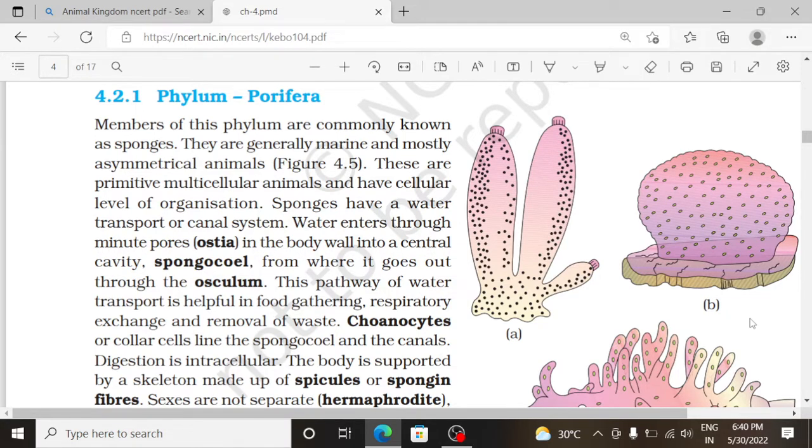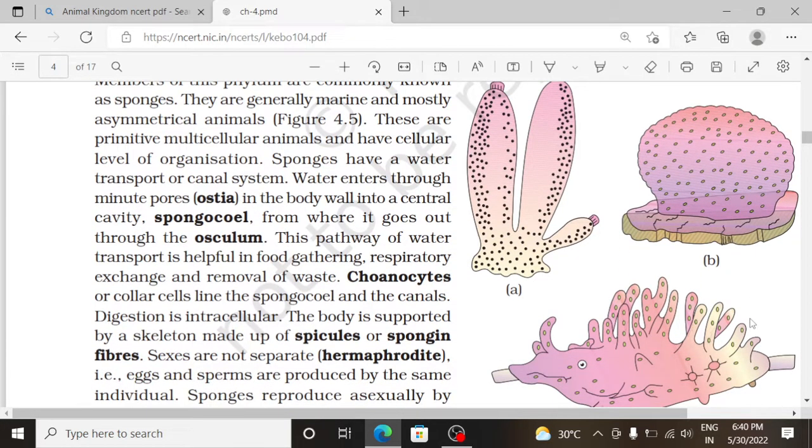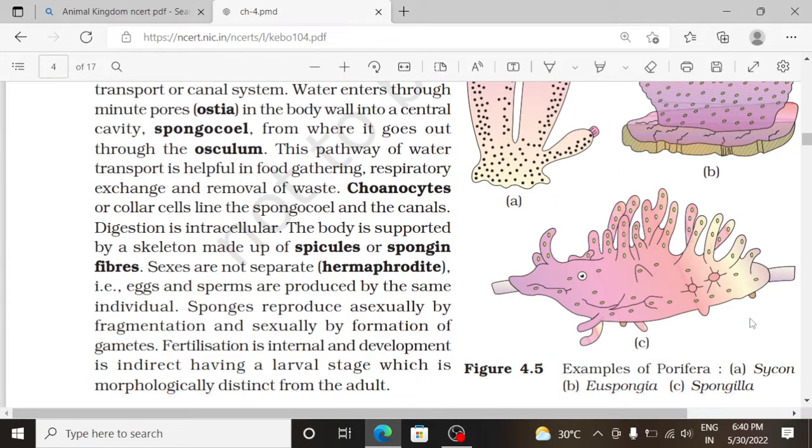Choanocytes or collar cells line the spongocele and the canals. Digestion is intracellular. The body is supported by a skeleton made up of spicules or spongin fibers. Sexes are not separate, they are hermaphrodite, that is, eggs and sperms are produced by the same individual.